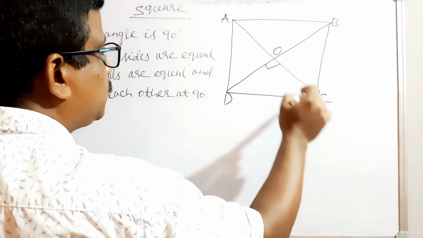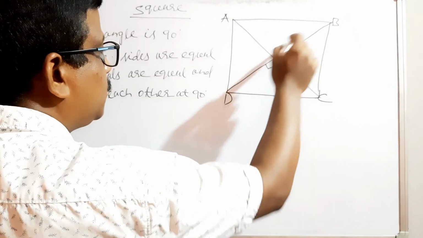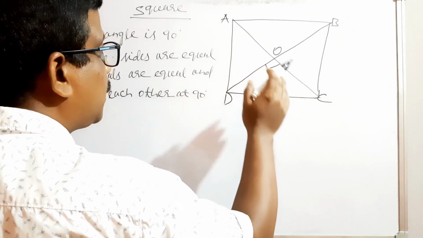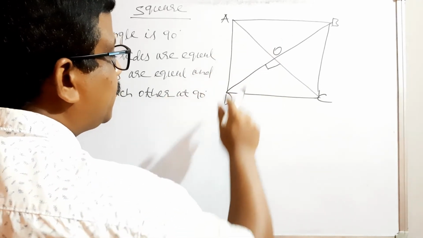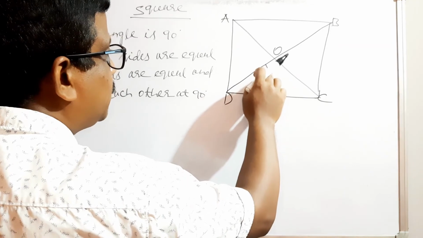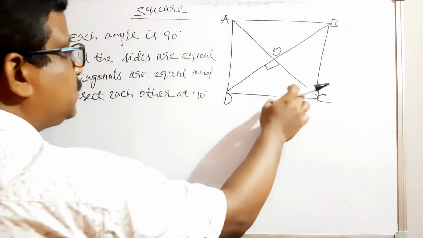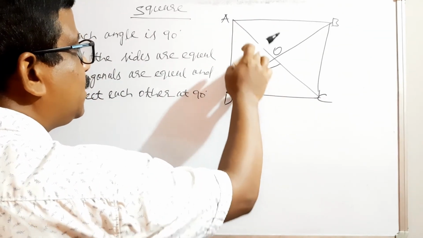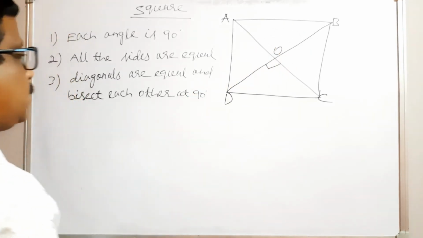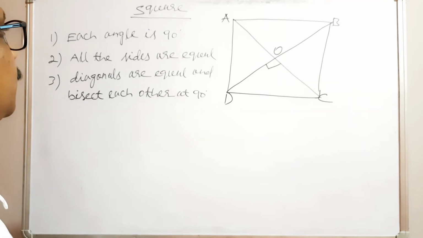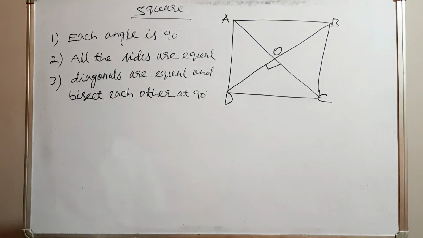So AO is equal to CO, BO is equal to DO. Both the diagonals are equal. That means BD is 6 cm, AC also 6 cm, and they bisect each other at 90 degrees. The formed angle COD is 90 degrees, like this angle 90, this angle 90, this angle also 90. So these are the properties of a square.